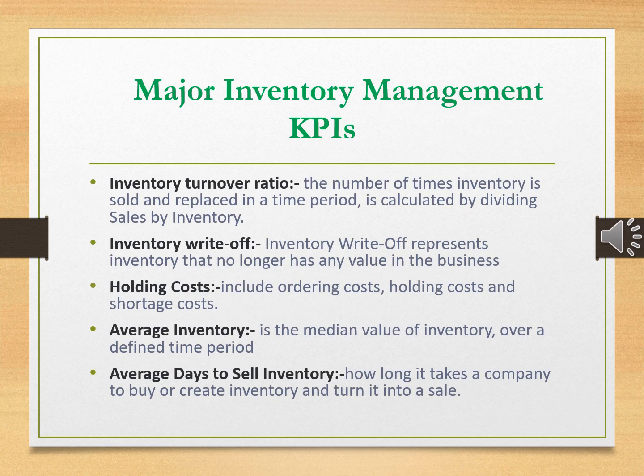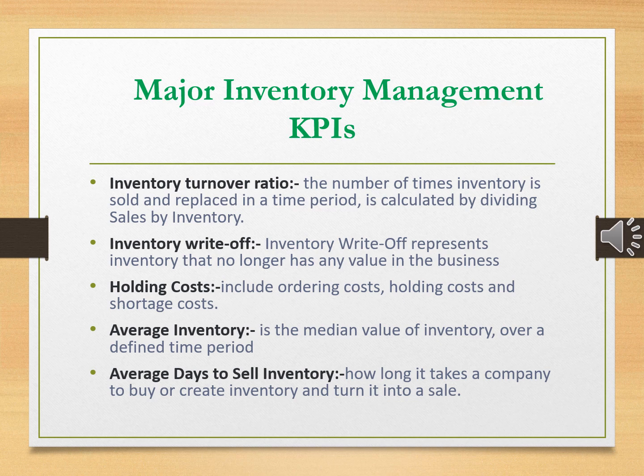After talking about the major inventory management tools or techniques, we want to mention the major inventory management KPIs, that is, the benchmarks or key performance indicators which we have to achieve through inventory management.